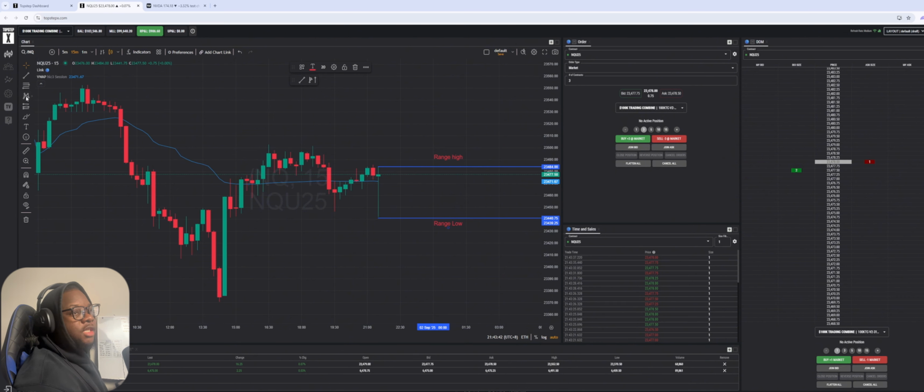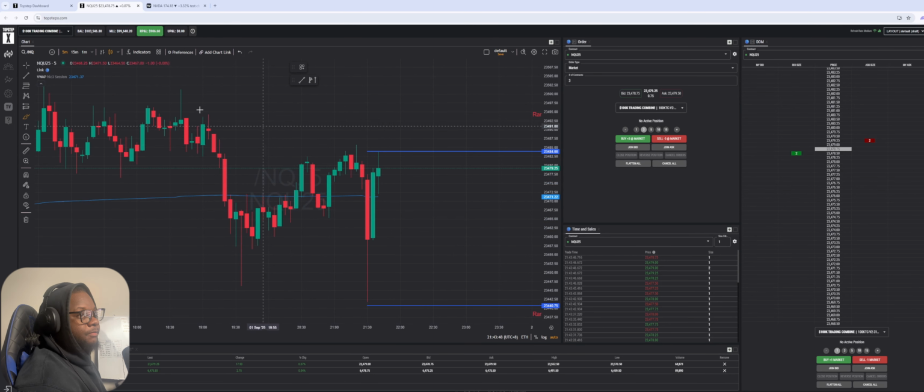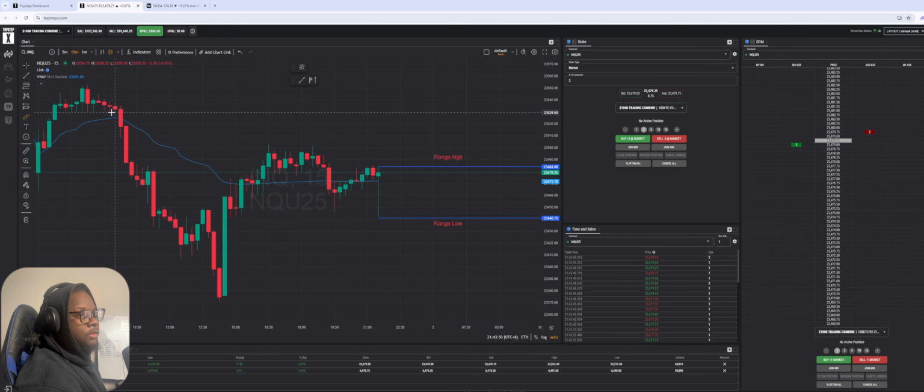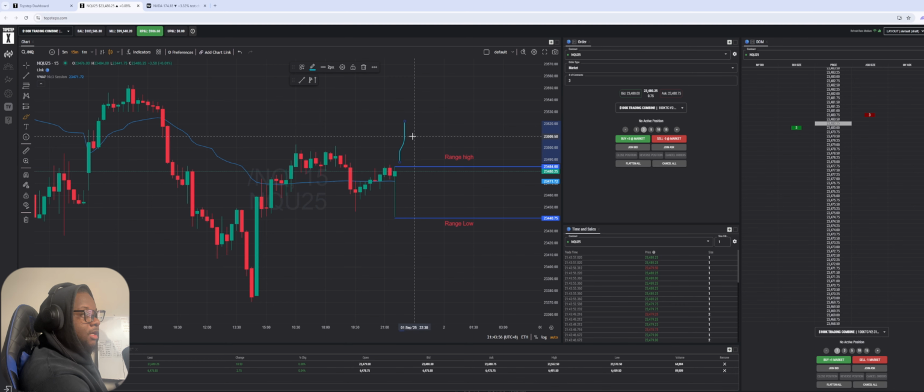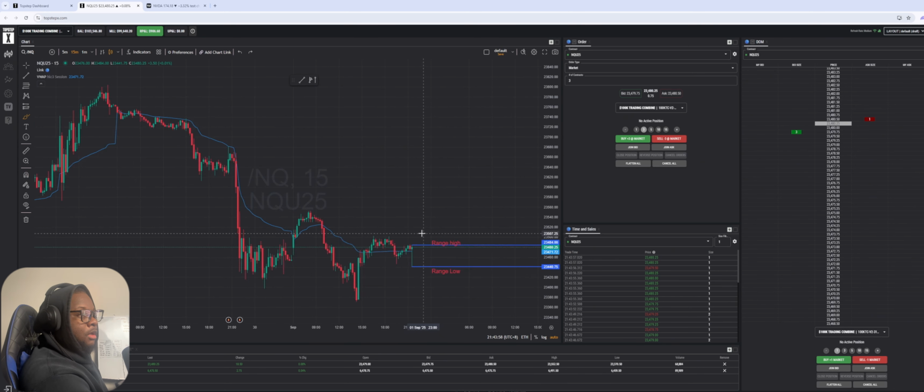So whichever direction that price closes is the direction that we will be looking to trade on the 5-minute chart. If it closes above to the upside, then we'll just wait for price to come back, push back into this range, either here or if there's a fair value gap formed inside, and we'll look for buys to the upside.